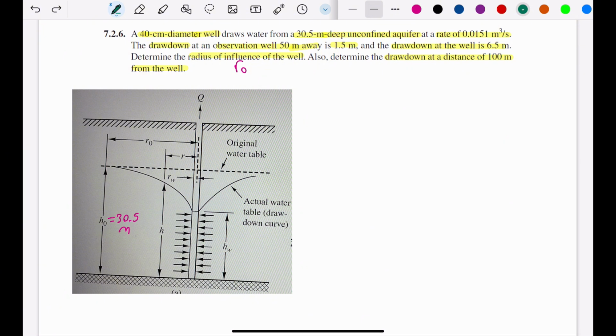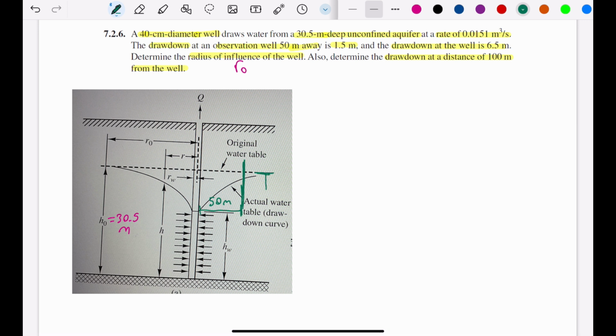So let's say we have an observation well and the distance is 50 meters. And it says we have a drawdown, which is 1.5 meters.